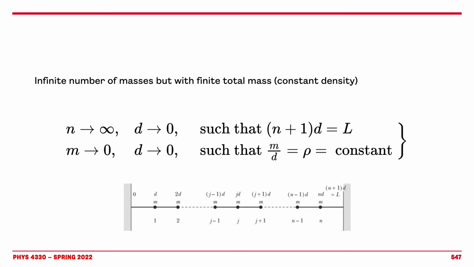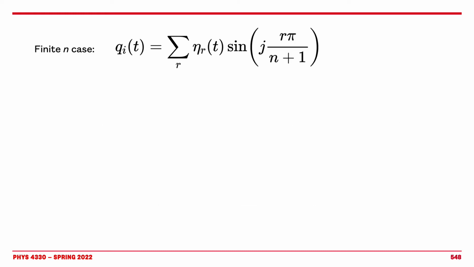And then I will end this screencast with an example of the dynamics of a plucked string like this. Remember that the case of finite n was given by this solution. I remind you that r is an index that goes over all the possible normal modes.